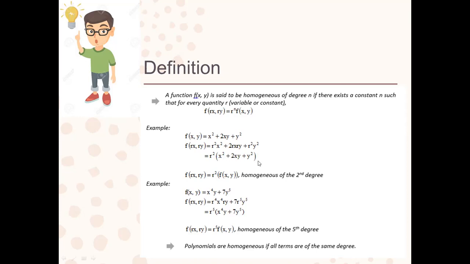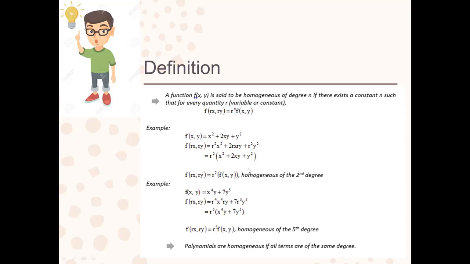If the function is non-homogeneous, you cannot solve your differential equation using the technique that I will be discussing in a few minutes. So it has to be first established that the functions that appear in your differential equations are homogeneous.